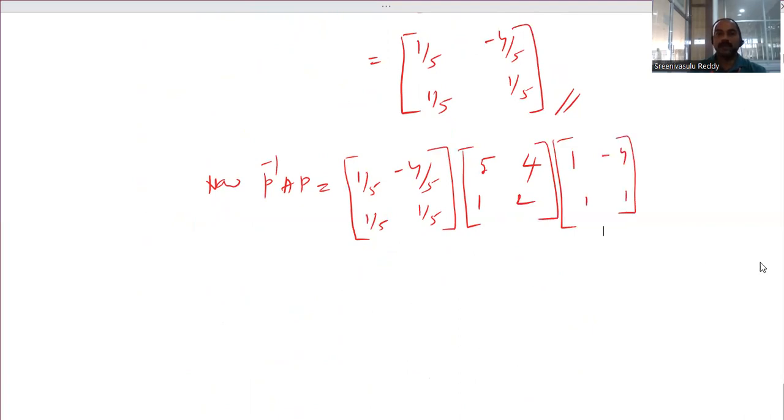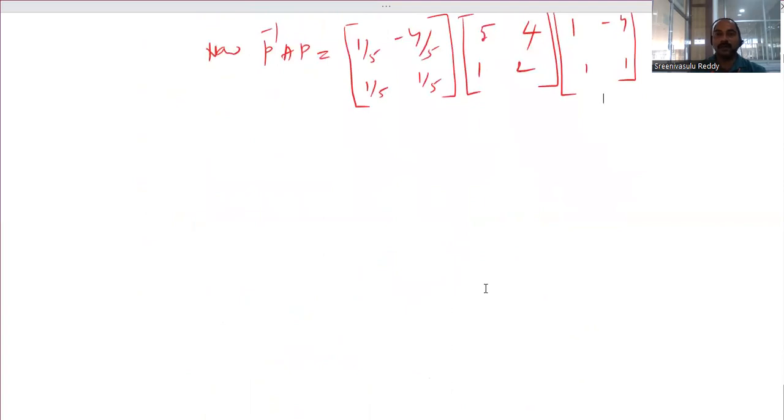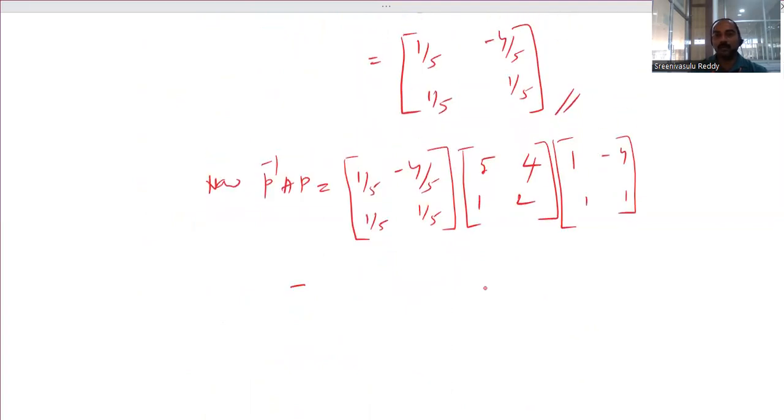Now multiply these three matrices. Finally, we want to show that the resultant matrix is diagonal. You can multiply the first two or the last two first, because matrix multiplication satisfies the associative property. Either multiply the first two and then with the last one, or multiply the last two and then pre-multiply with the first one.